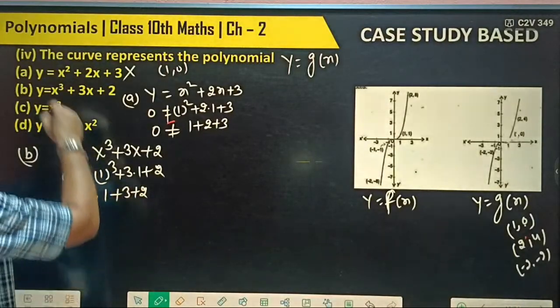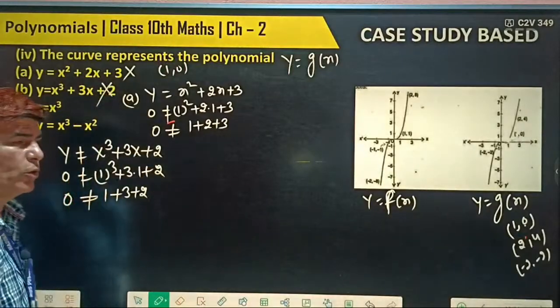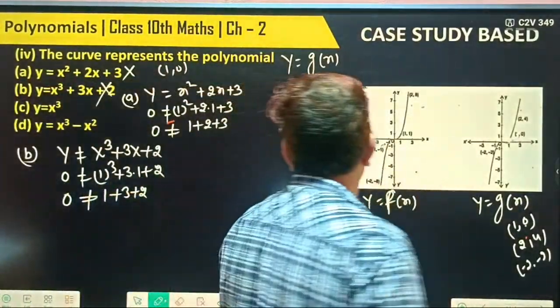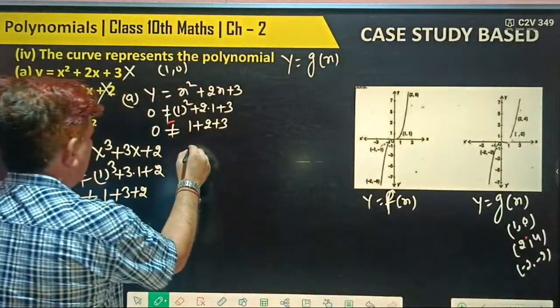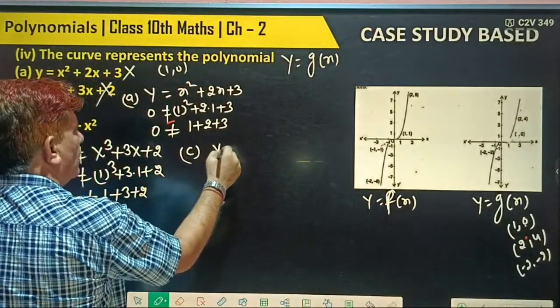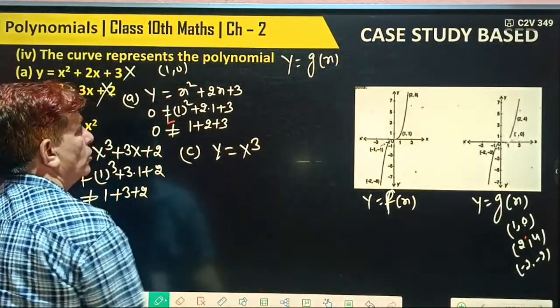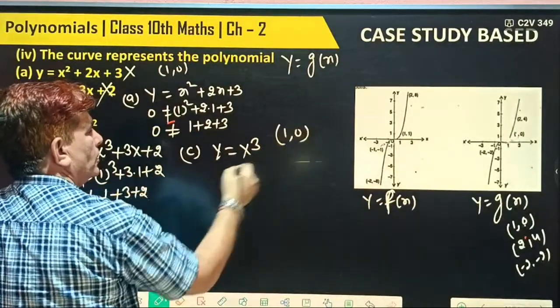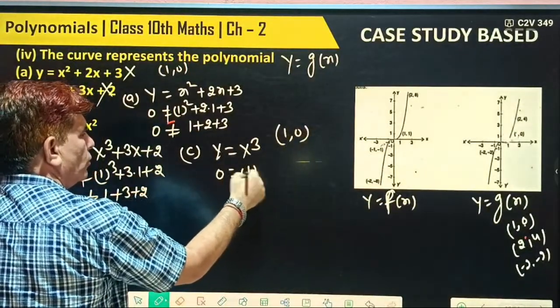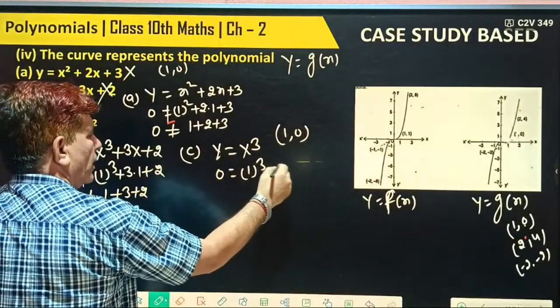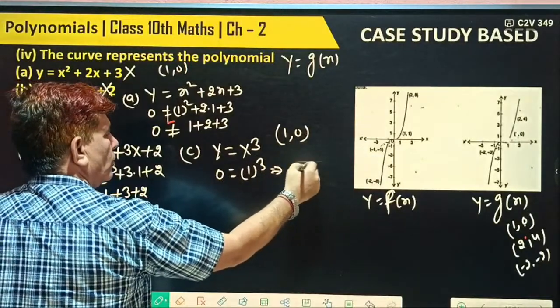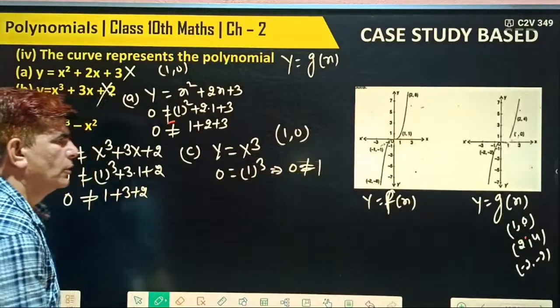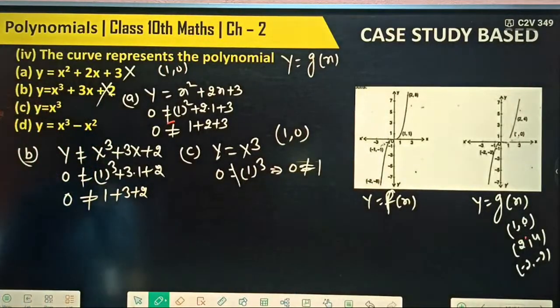So this is also not. Third one we take, C: y equal to x cube. Taking (1, 0), 0 equal to 1 cube, so 0 is not equal to 1. So this also is not.